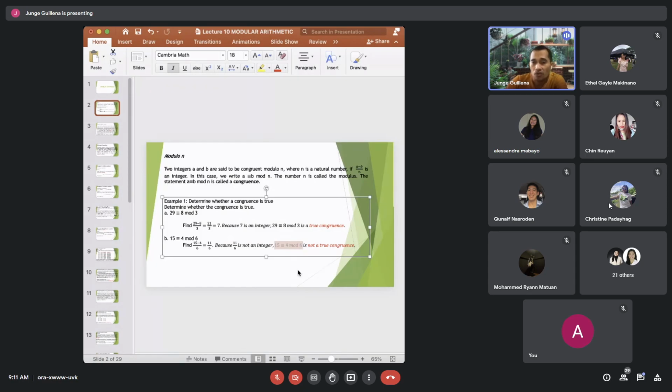It is false, or it is not a true congruence. So what you need to do based on modulo n is simply consider the ratio of the difference of the two numbers, a minus b over n, and if that results in an integer, then we can say that this statement is a congruence.